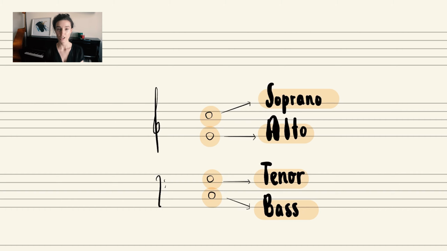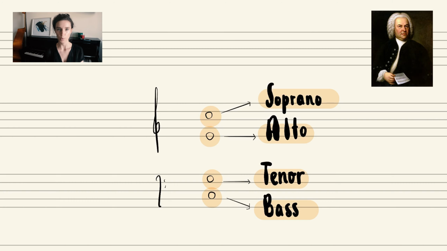And what is the chorale style? Well, in the first half of the 18th century, there was a composer called Johann Sebastian Bach who lived and worked in Germany. And he wrote a few hundreds of pieces called chorales.